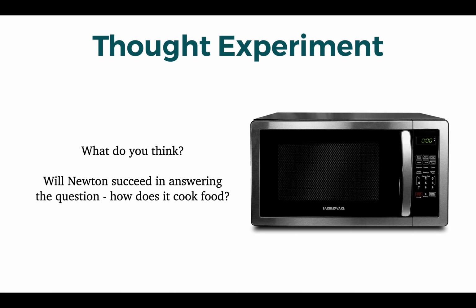And that's okay because in science, the idea is progression, right? And likewise, we have to progress in our study of the brain. So, do I think that we are going to succeed in answering our question, how does the brain work? Probably not in my lifetime, and I would venture to say probably not even in your lifetime. And I know that this sounds kind of depressing, but forward motion is what science is all about.